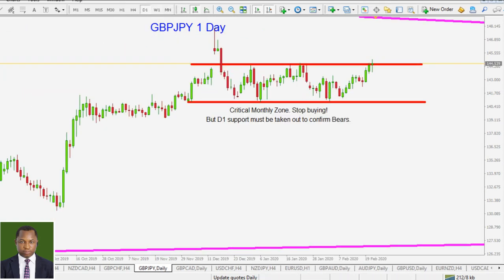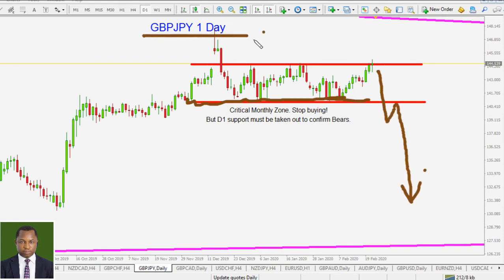But in the daily time frame, just like I have mentioned here, the daily support must be taken out to confirm the bears. Which one is the daily support right now? This is the daily support I was talking about. If price comes down and takes out that level, then we should be looking for more downside in the sterling pound against the Japanese yen. So be prepared.